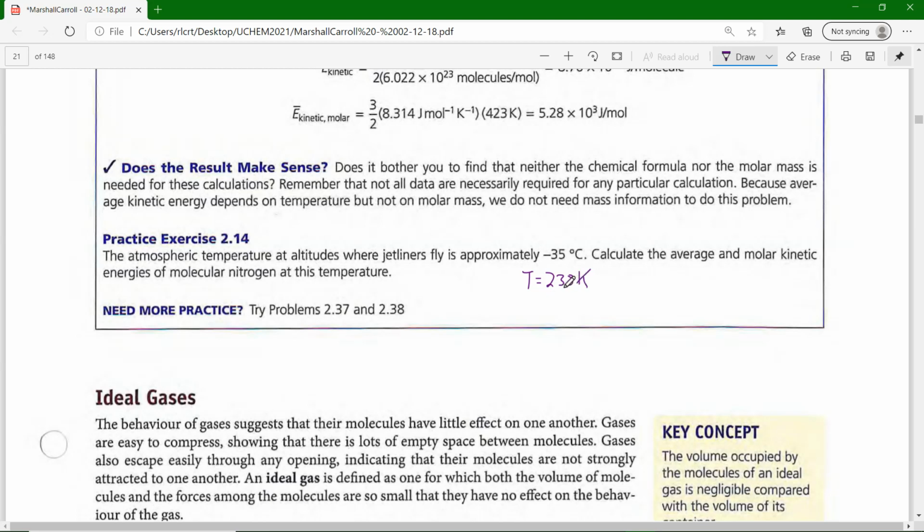Okay. So then the average kinetic energy is 3/2 times R, 8.314, times 238, divided by 6.02 times 10 to the 23.